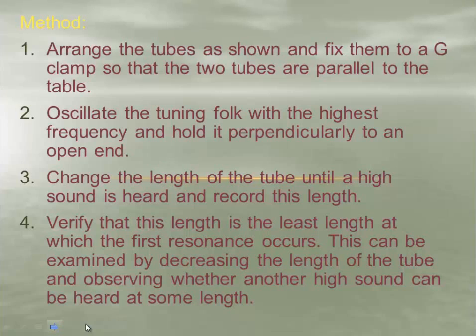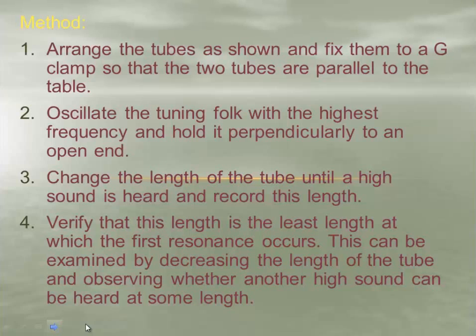Now we do an experiment that is very similar to what we did for the closed tube. We take the two tubes, we arrange them, and we keep a tuning fork perpendicular to the open end, so that the ends of the tuning fork and the center of this tube are in line. It's always better to do that.